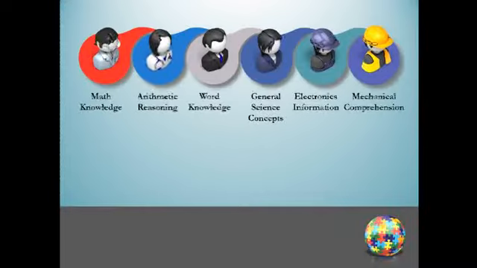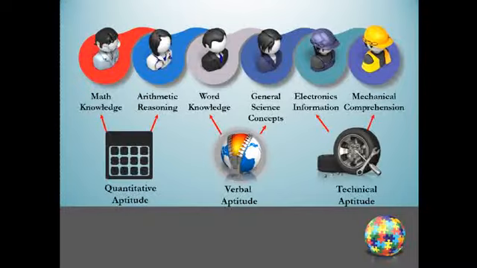Now, class, general mental ability, or GMA, captures a broad range of cognitive abilities, including math knowledge, arithmetic reasoning, word knowledge, and so on. You can also cluster these into second-order factors, like quantitative aptitude, verbal aptitude, technical aptitude, and so on. But underlying all of this is general mental ability.